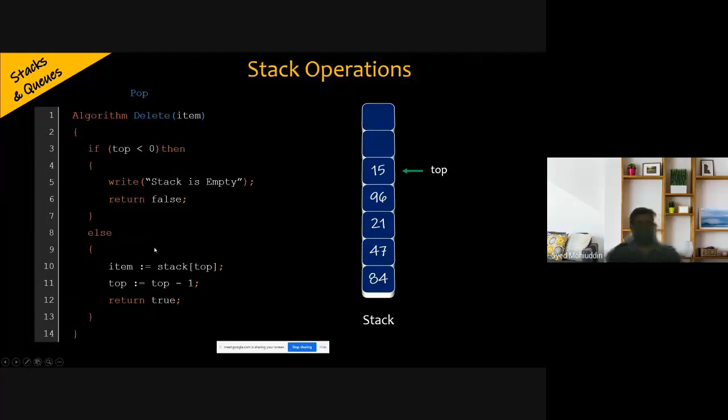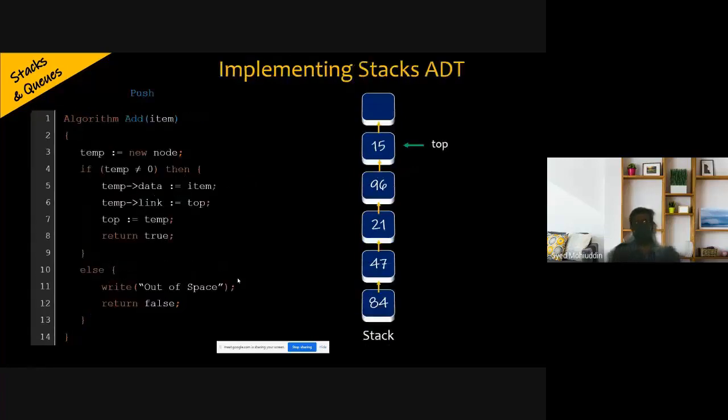So what we performed here, like top equal to top minus 1 and stack of top, we are performing these operations based on the representation of these stacks as arrays. Now, the next thing is the same operations, that is push and pop on stacks, can also be applied when the stacks are represented as a linked list.